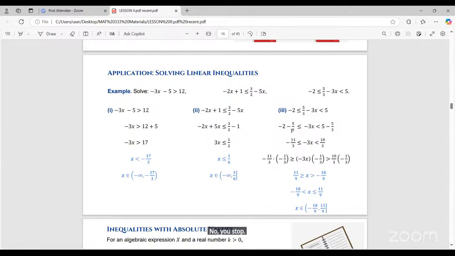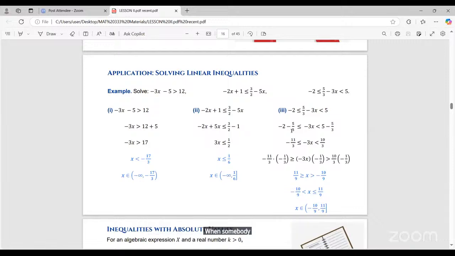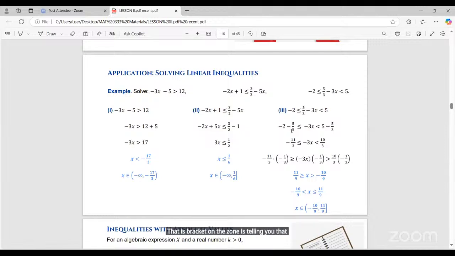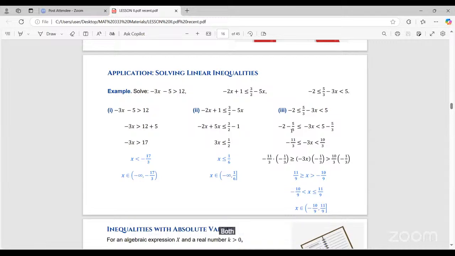It can show on the bracket, but this bracket on its own has an interpretation. When somebody sees it like this, there's an interpretation attached to it. That is what I'm trying to explain to you: this bracket on its own is telling you that 11 over 9 is a member of the elements inside this set. That's what I'm trying to say, but I don't know how to put it well.